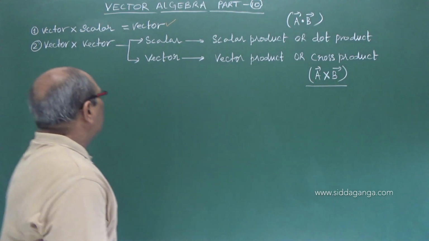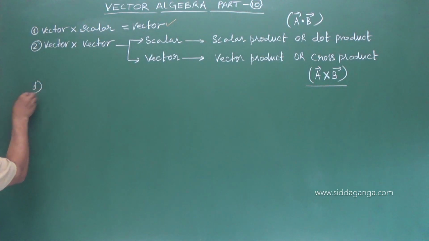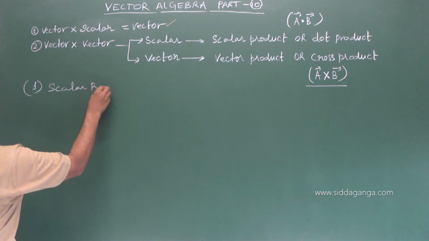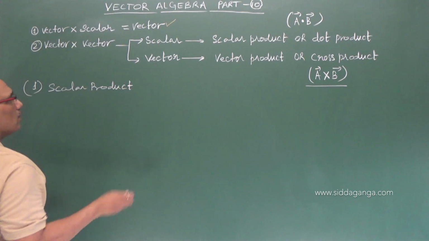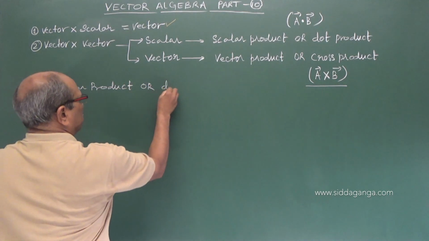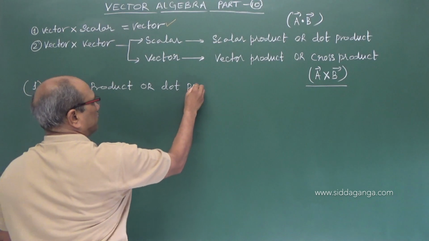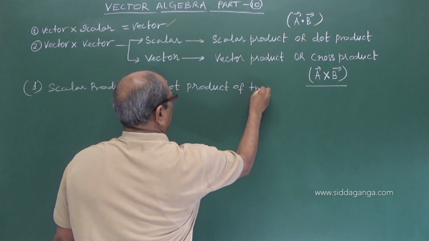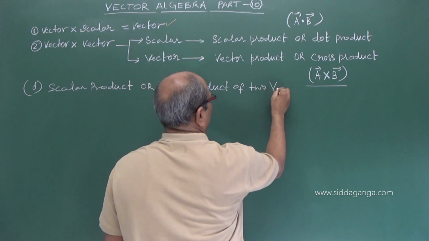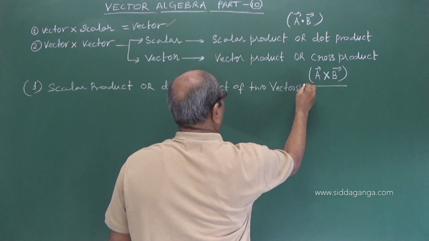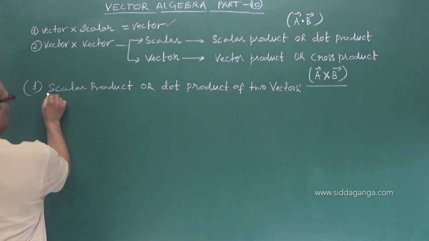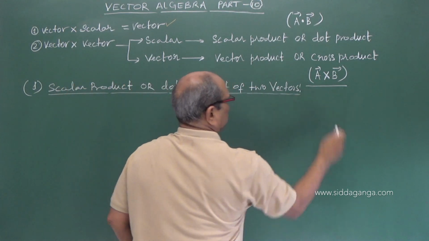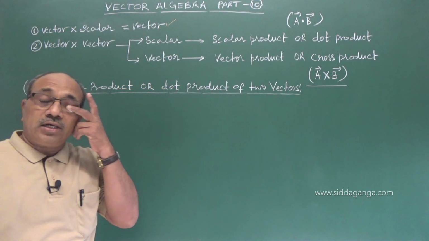Let's come to the first one, the scalar product or dot product of two vectors. Here when I multiply a vector with another vector, it loses the direction.